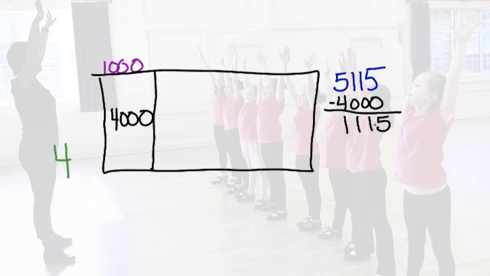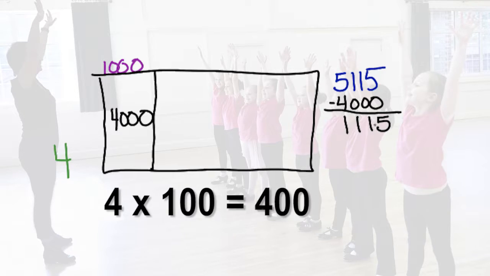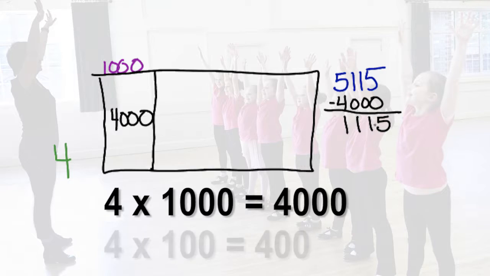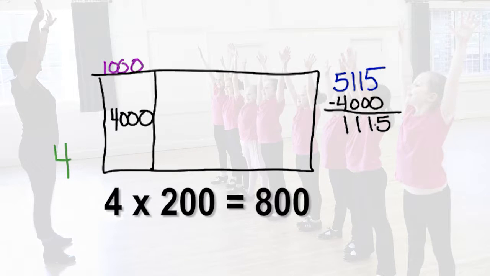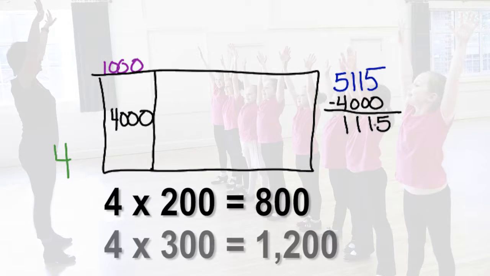What do we know about multiples of 4? We know that 4 times 10 is 40, 4 times 100 is 400, and 4 times 1,000 is 4,000. It looks like we will need multiples of 100 because multiples of 1,000 is too much. 4 times 200 is 800 and 4 times 300 is 1,200.